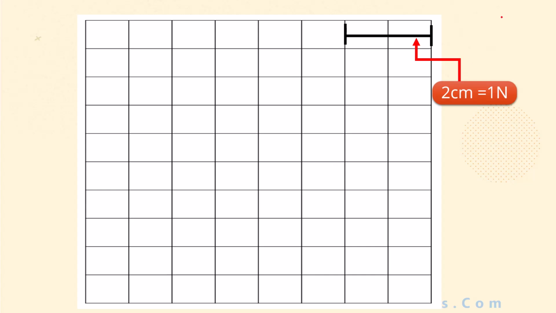First force is 3 Newton and the second force is 4 Newton. Just multiply these forces with 2 to convert into centimeter according to this graph. So there would be 6 centimeter and here is 8 centimeter. So both of these forces are shown here.